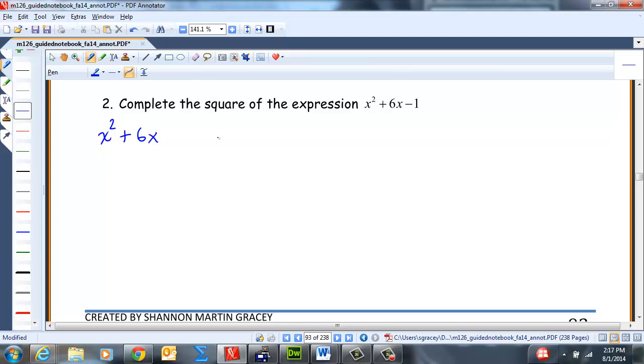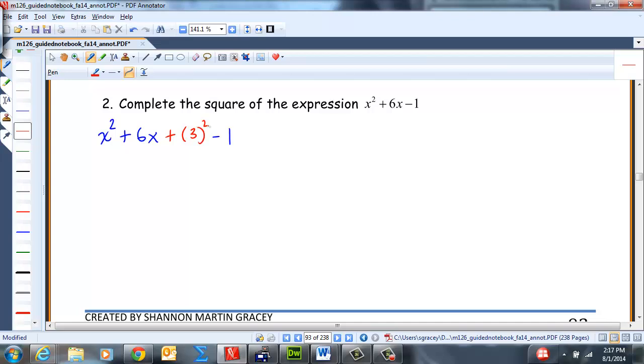So I'm going to leave a space because what we want to complete the square on are the x squared plus 6x terms. So if we go ahead and you add half of the coefficient to the middle term, and that is 3, and we'll be squaring that.